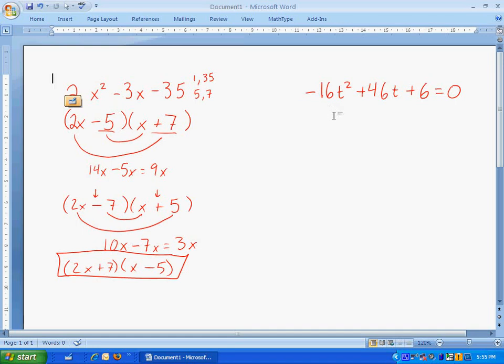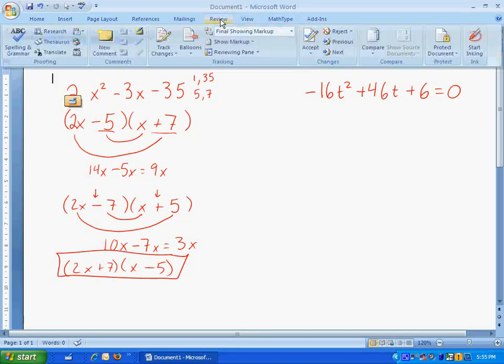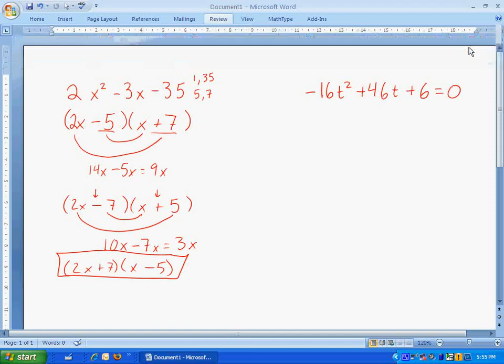Not only am I going to take out the greatest common factor, but I'm also going to take out this negative here, just because it's a lot easier anytime I can make sure there's not a negative in front of my first term. So I notice that these are all divisible by 2, so let's take out a negative 2.